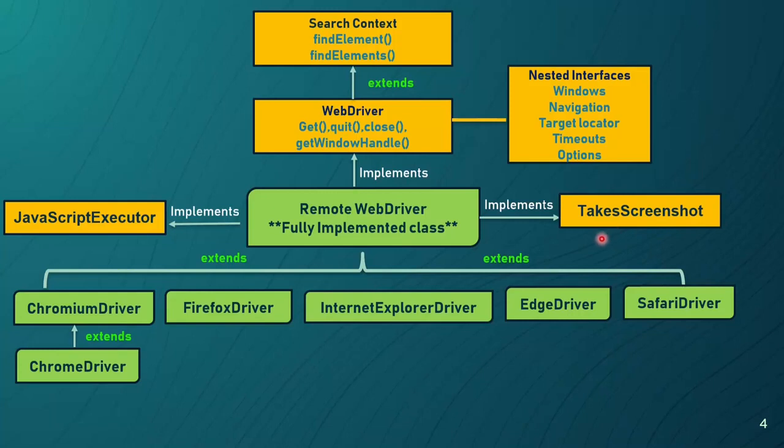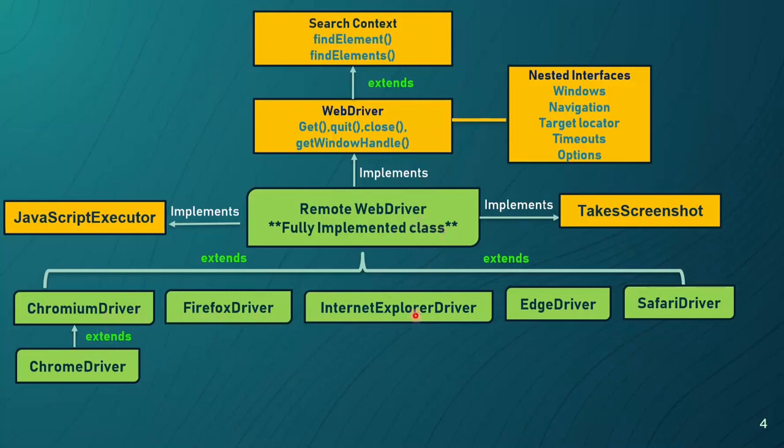In conclusion, the remote WebDriver is a fully implemented class which contains the abstract methods of the WebDriver interface, the search context interface, the take screenshot interface, and the JavaScript executor. So this is about the remote WebDriver.